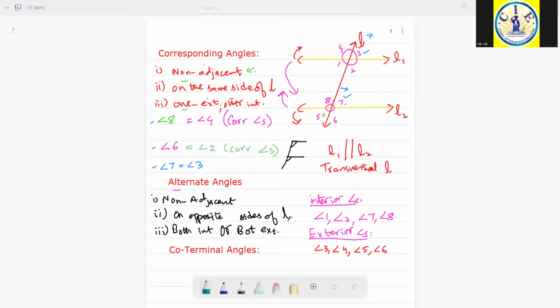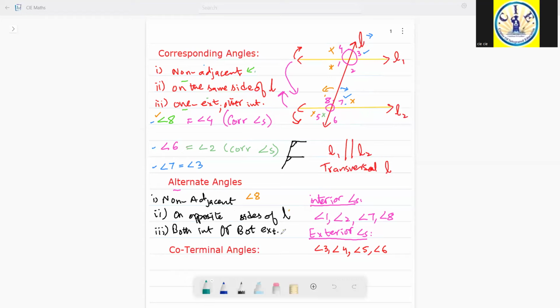So let's try to find out alternate angles to angle 8, for example. I'm considering the same angle 8. Okay, angle 8. Non-adjacent. 7 and 5 are ruled out. Then on opposite sides of line L, since 8 is lying on the left side, the alternate angle will be on the right side. That means angle 1 and angle 4 are ruled out.